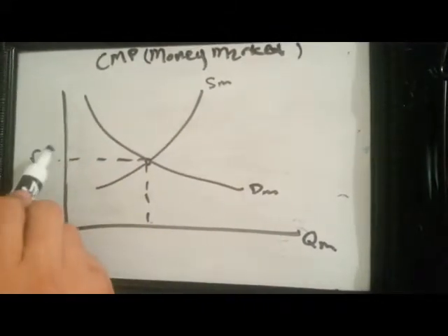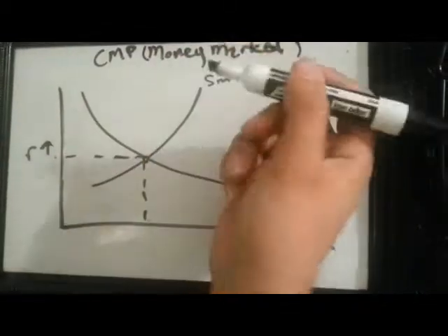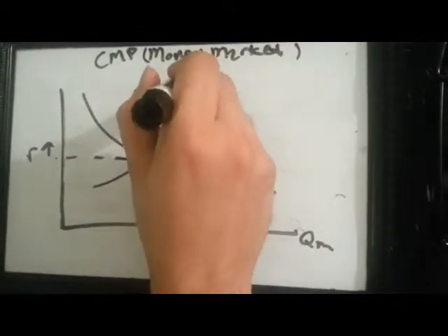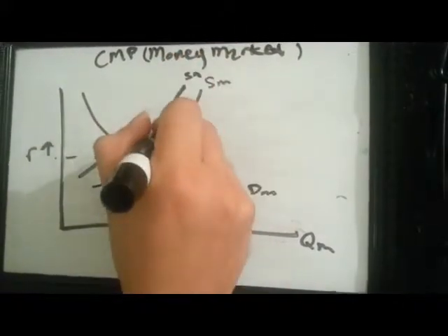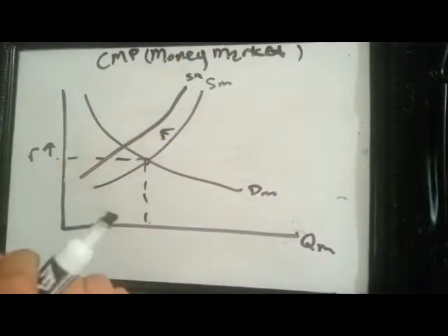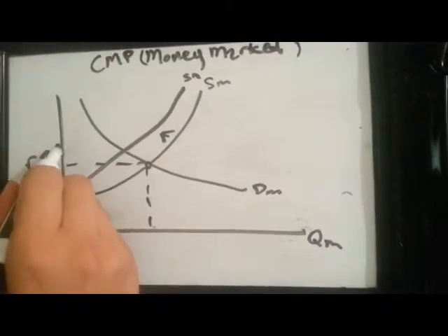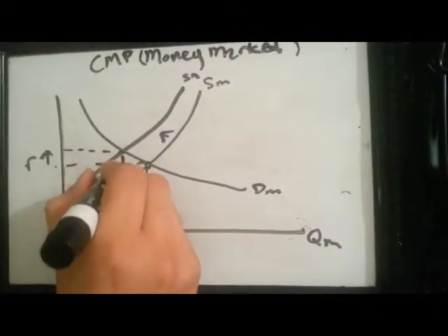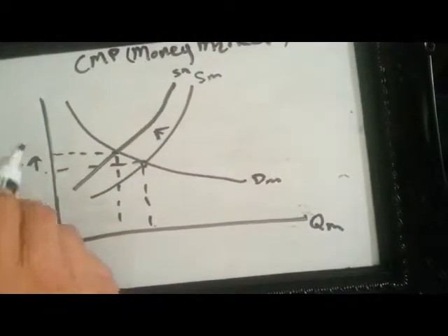But if our goal is to increase the interest rate, well, as we know, the Fed will lower the amount of the money supply. So let's say our curve will shift up and in. The effect of this on the money market, which is the goal of contractionary monetary policy, is you have your interest rate increasing.